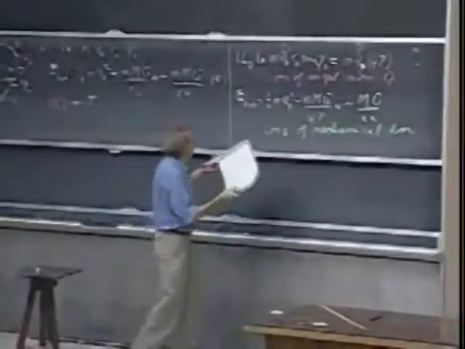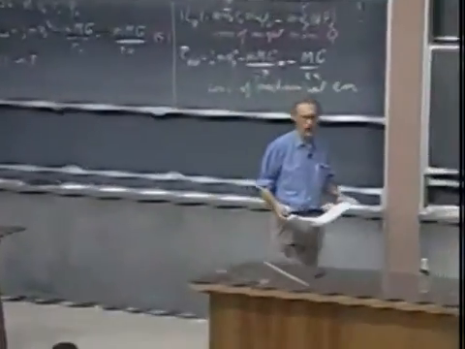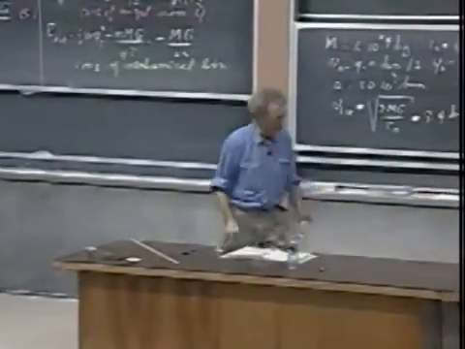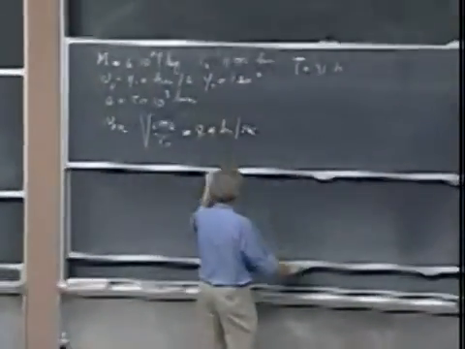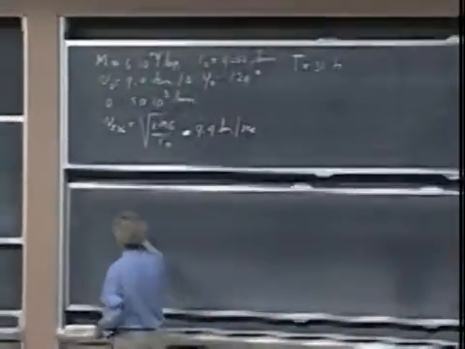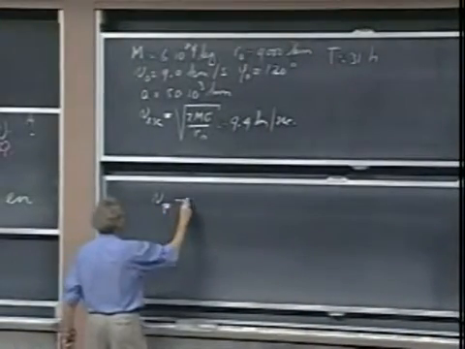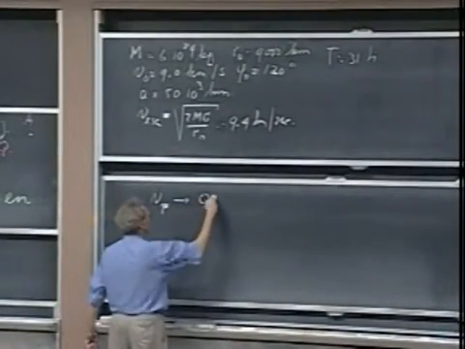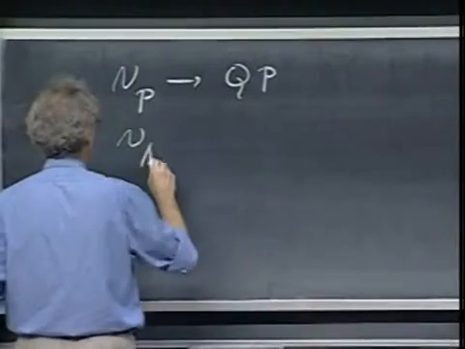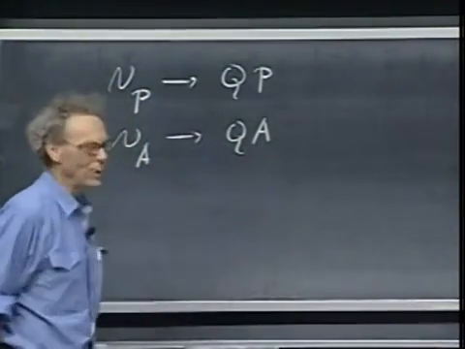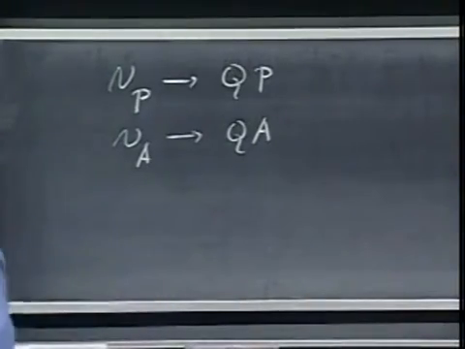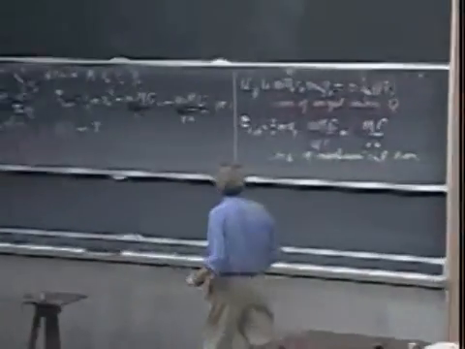Notice that this second equation is a quadratic equation in v of p. So you're going to get two solutions. One v of p will give you the distance QP. The other one will be va, which gives you the distance QA. How come that we get both solutions? Well, this is only a stupid equation.